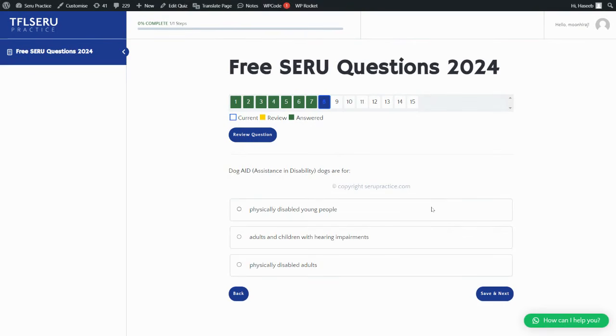Next, we have an example of an MCQ based question in the TfL SERU assessment examination. This one states that dog assistance in disability dogs are for, and we have three options: physically disabled young people, adults and children with hearing impairments, or physically disabled adults. Of course, as we can see, this MCQ is designed to test your knowledge of the handbook.